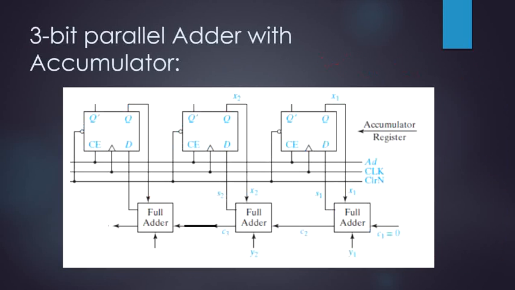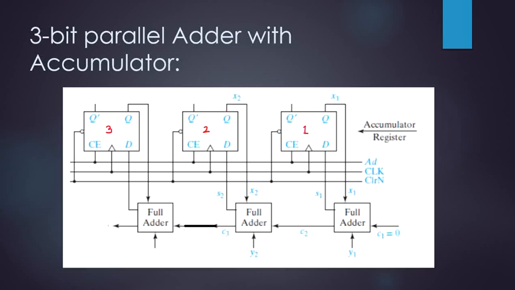In the 3-bit parallel adder with accumulator, you can see that there are 3 D flip-flops which correspond to the accumulator register: the first flip-flop, the second flip-flop, and the third flip-flop. You have the add signal, the clock signal, and the clear signal provided for the flip-flops. Then you have the full adders.